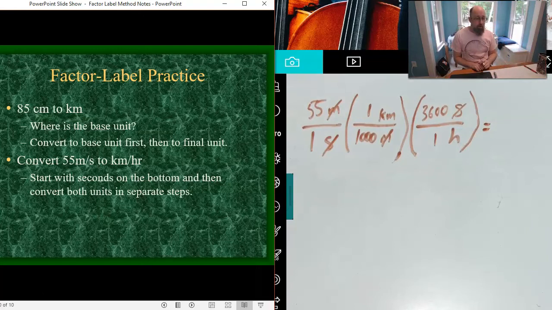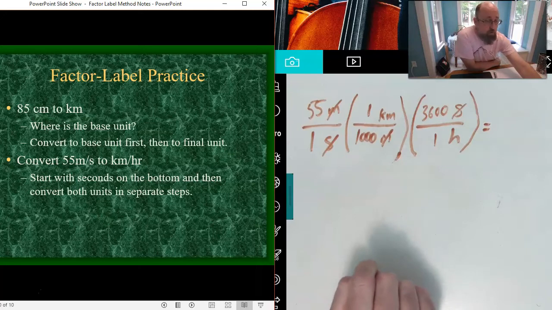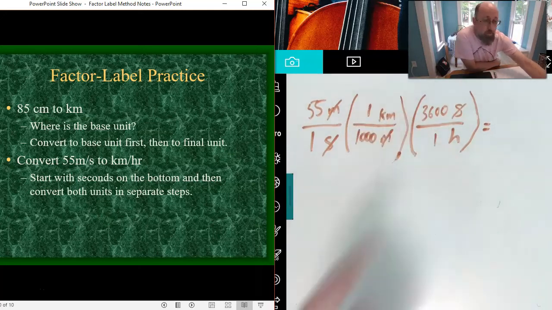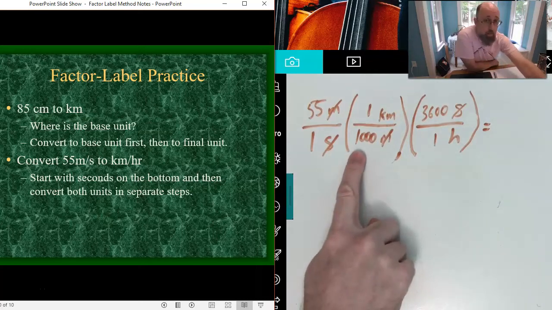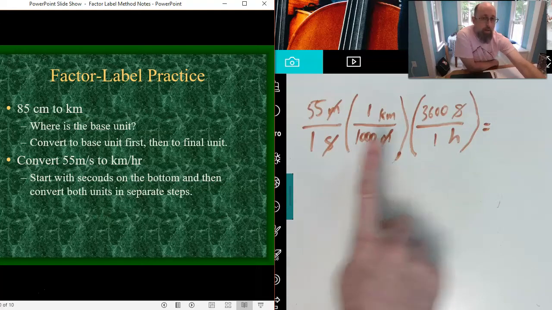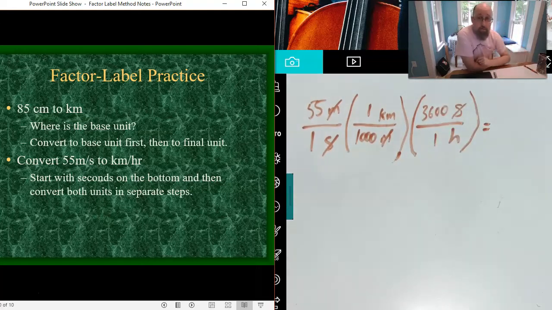55 divided by 1,000, then that answer times 3,600. And again, I can't emphasize this enough because this happens a lot in the course. When we look through these conversion factors, you ignore the ones, because nothing happens when you multiply or divide by 1. And then I find the other numbers. If that number is in the denominator, it means divide by that. And if it's in the numerator, it means multiply by that.